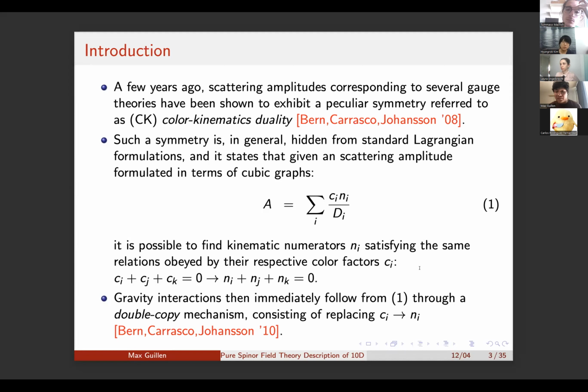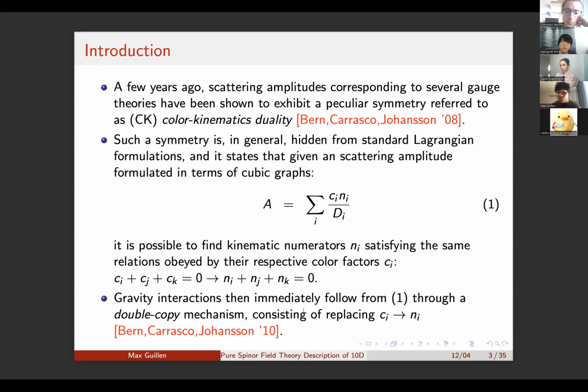Basically, this symmetry states that if you have a gauge theory scattering amplitude formulated in terms of cubic graphs, like in equation 1 here, it is possible to find kinematic numerators n_i satisfying the same relations obeyed by the respective color factors c_i. So the relation c_i + c_j + c_k = 0 is like the Jacobi identity. It is always possible to find a triplet of numerators satisfying a similar relation.